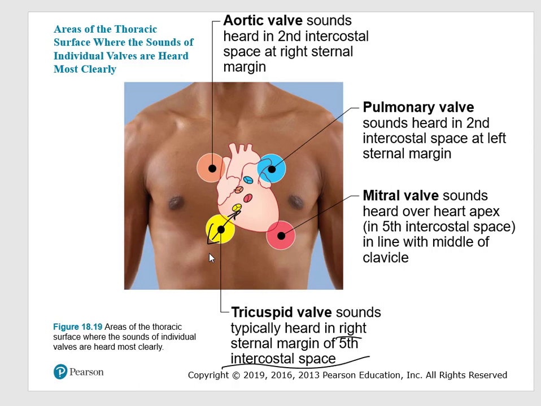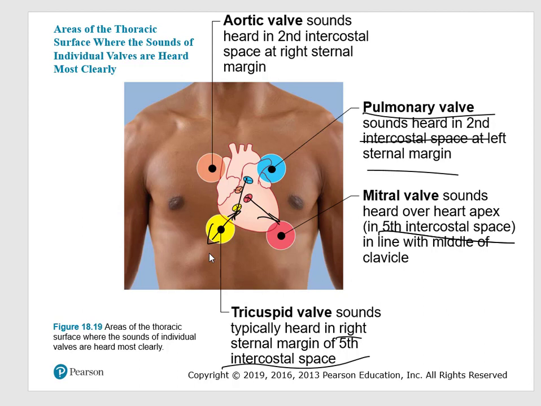And then you have your pulmonary trunk going upwards like that, so the pulmonary valve will be heard at the second intercostal space and second sternal margin. The mitral valve will be heard at the apex because it transmits downwards like that, because that's your mitral, the bicuspid valve that you have.